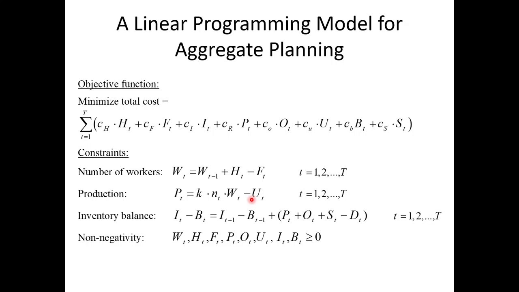Or actually the overtime production is already added here in the inventory balance equation. All right. So let us enter this relationship here, which says the production quantity in a period T equals K times N times W in that period minus U sub T.